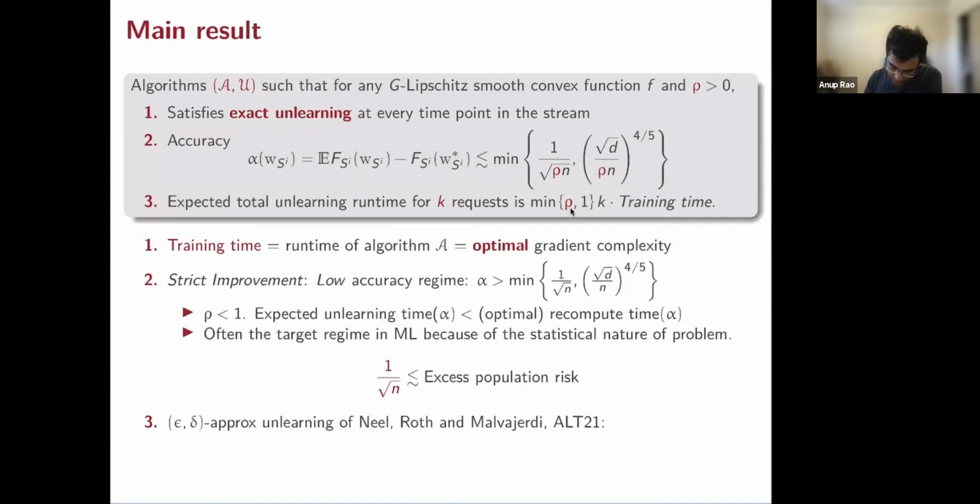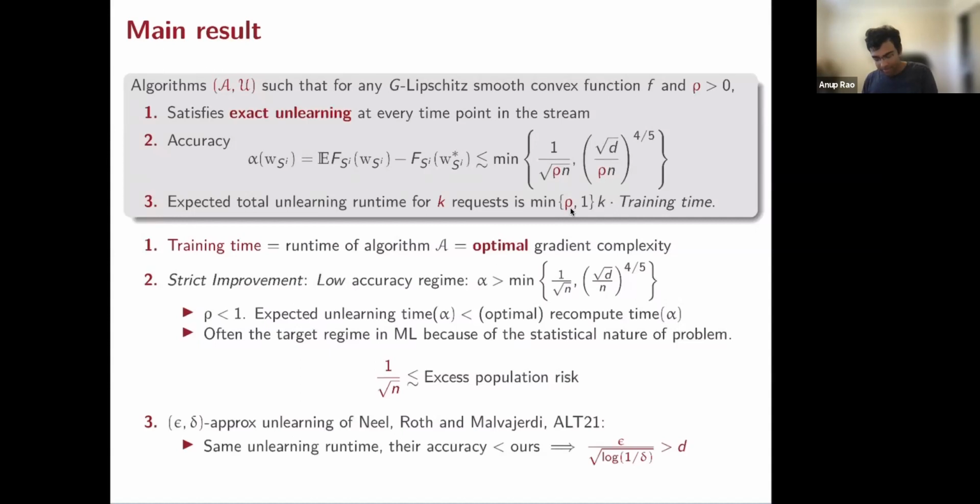And just to compare with the epsilon delta approximate unlearning, since there are different dimensions, we have the metric of unlearning runtime, the accuracy, and theirs is approximate unlearning, whereas ours is exact unlearning. Here is one way to compare.